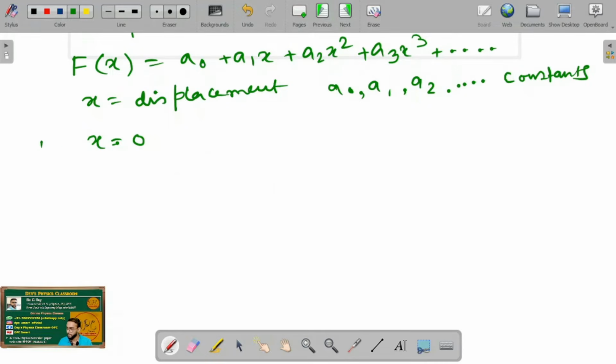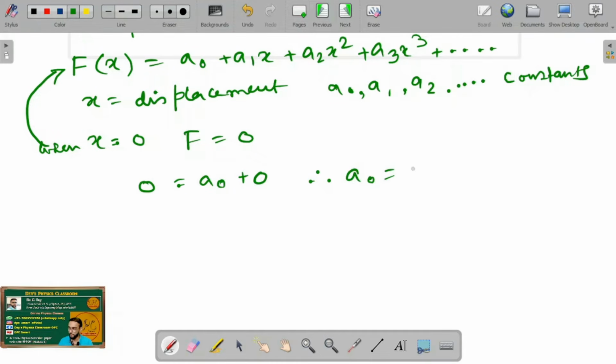Now when x equals 0, that means displacement is 0, restoring force is 0 as it is a function of x. If we put the value here, it will be 0 equals a0 plus 0, therefore we get a0 equals 0.